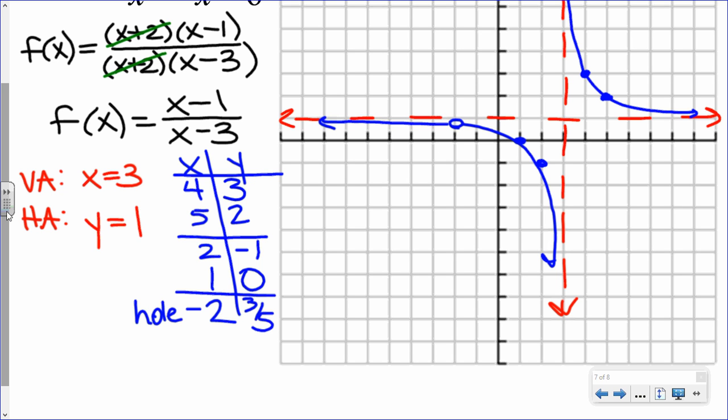Okay. So, let's talk about how this affects our domain and range quickly. Our domain, we have a hole where there's no x value, and we have a vertical asymptote. So in our domain, we have to exclude the hole and the vertical asymptote.